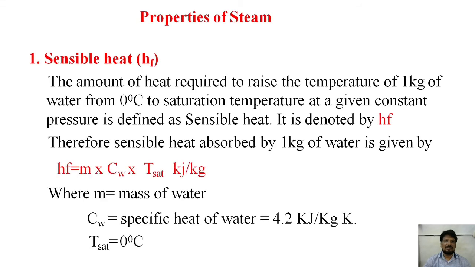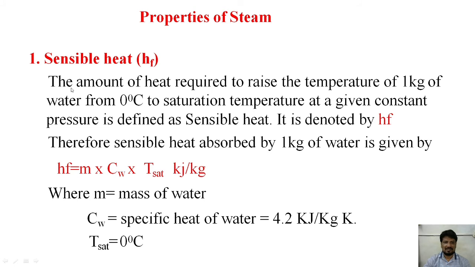Then, in the properties of steam, the first one is the sensible heat, denoted by HF: the amount of heat required to raise the temperature of 1 kg of water. So from A to B in figure 1.2.